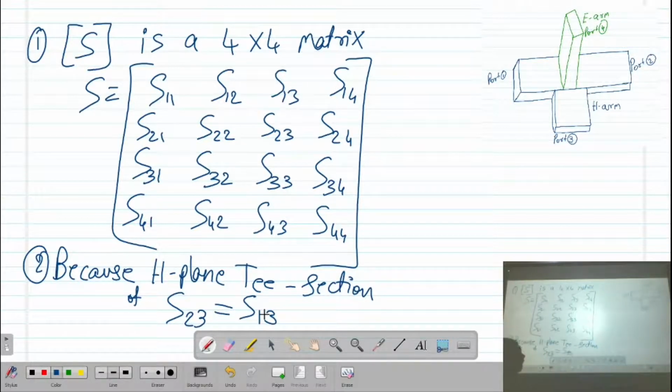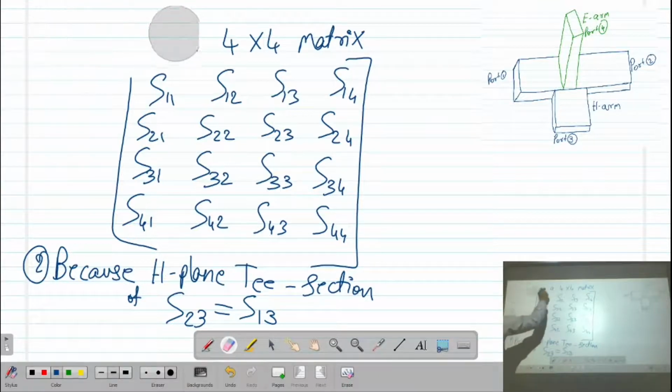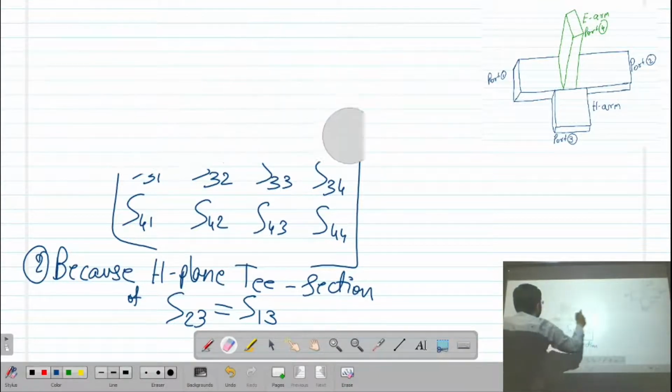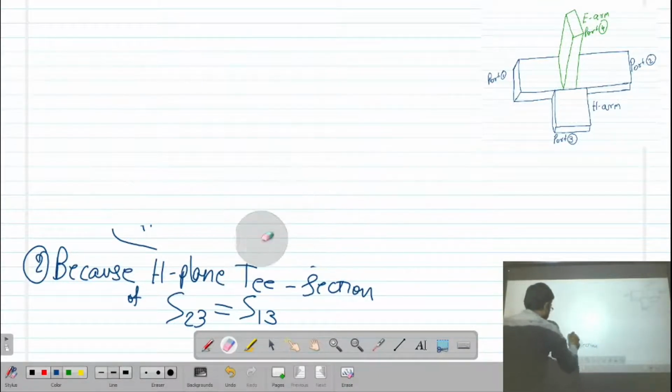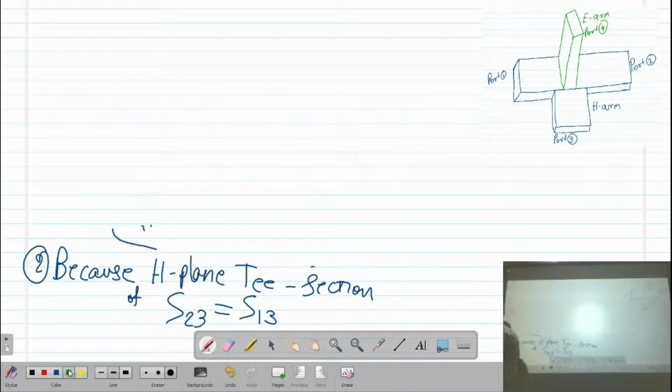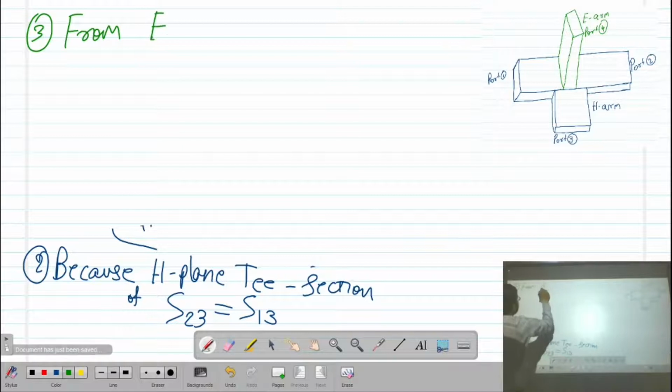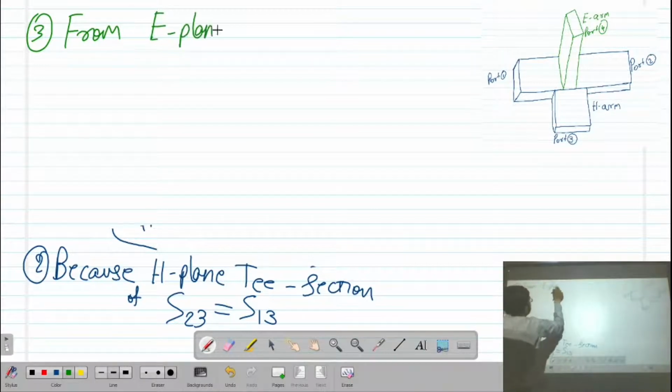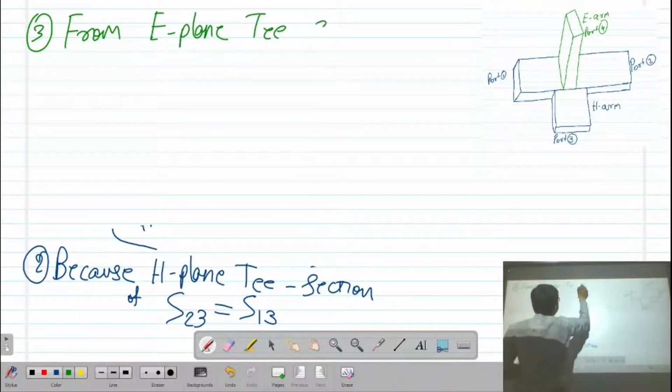S2 of 3 will be equal to S1 of 3. Okay. Now moving ahead, we will have the third property from the E-plane T section.